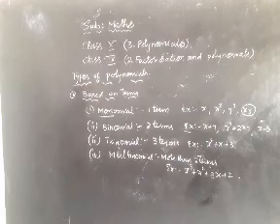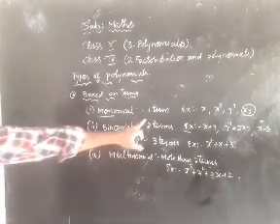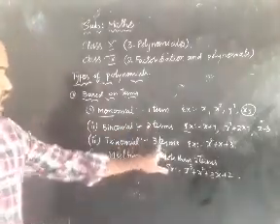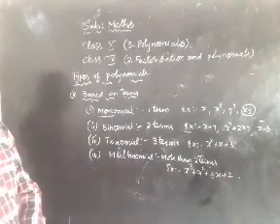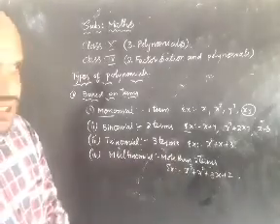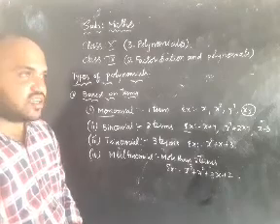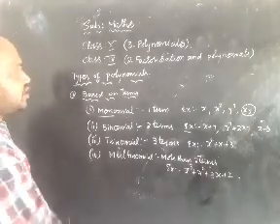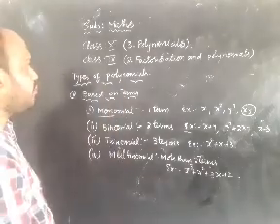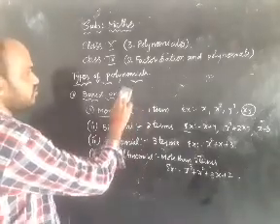So monomial has only one term, binomial two terms, trinomial three terms, multinomial more than two terms. Now we are going to discuss the second type, based on degree.